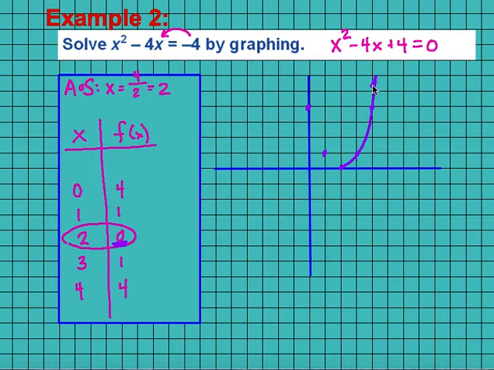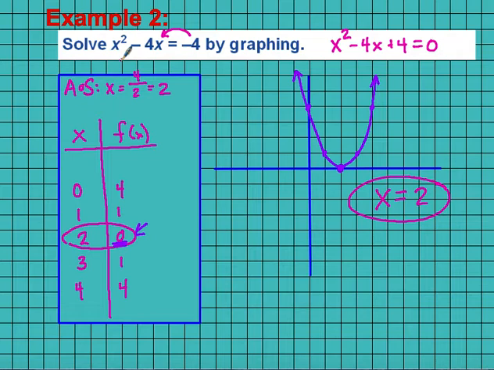This case is where the parabola is only touching the x-axis in one place, and that's at the vertex. So the solution to this quadratic equation is only 1, and it's when x is equal to 2. And again, if I plug that in up at the beginning, that will check my work for myself.